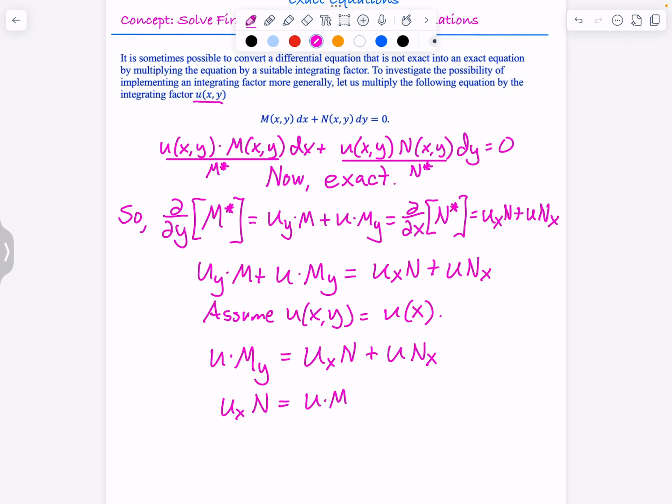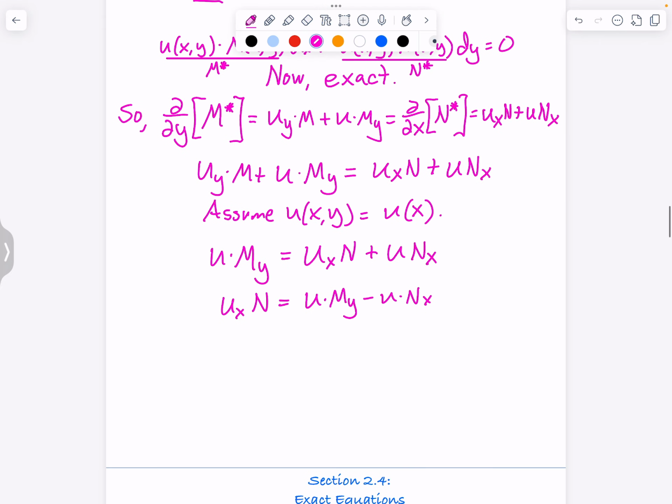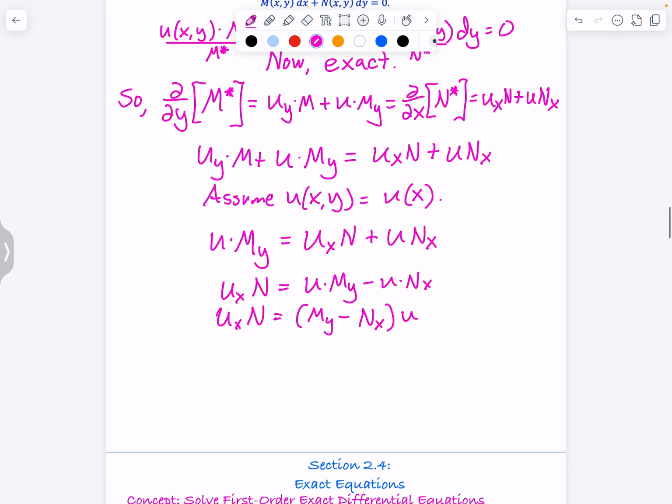So I get u times M sub y minus u times N sub x. Notice that now we have this u on both sides with my minus N sub x. There's a common factor of u. And then I'm going to go ahead and solve for u sub x.